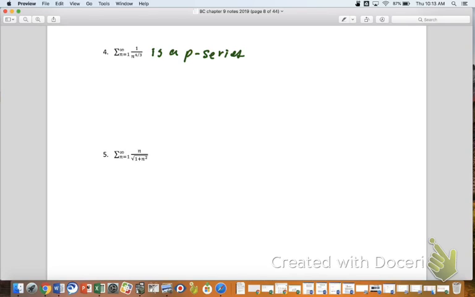So I'm saying that series is a P series, and P equals 4/3. Am I ready to make a conclusion? I need to relate it to 1, right? So I need to say that P value is greater than 1.